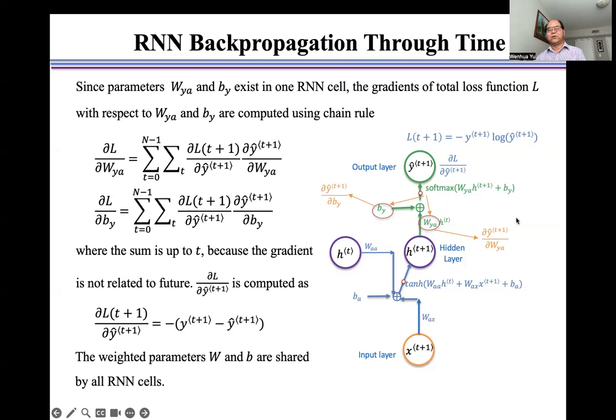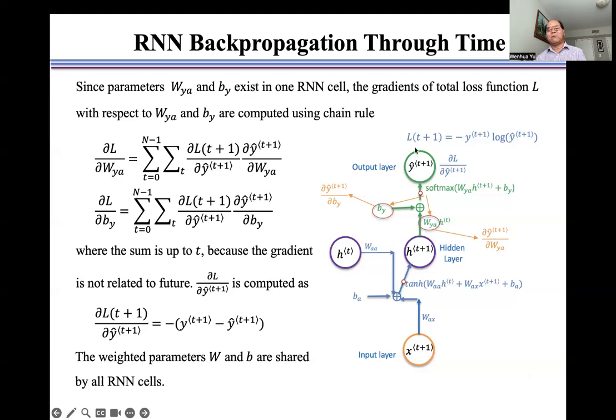We don't care about the future values. So here we just put all the results together, and for each time step we add all the results over the total time steps. And then we get the total gradient of the loss function with respect to parameter WYA.